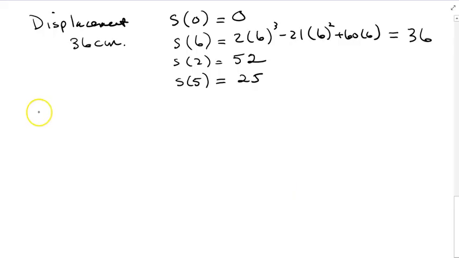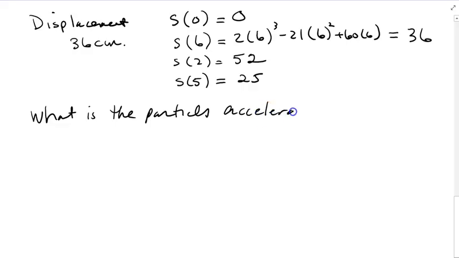And then finally, you can be asked a question about acceleration. Hey, what is the particle's acceleration at t equaling 3 seconds?